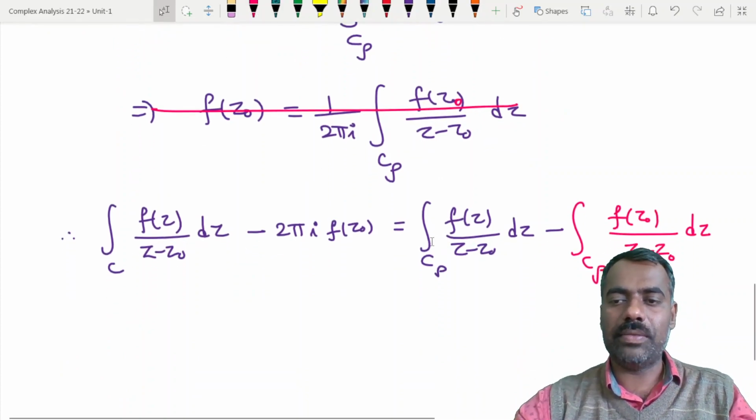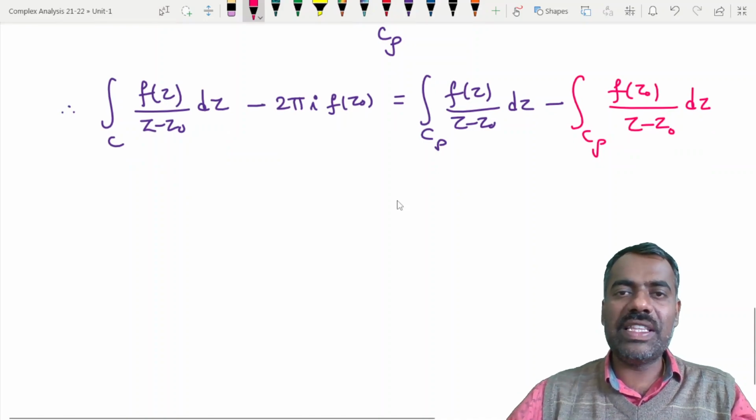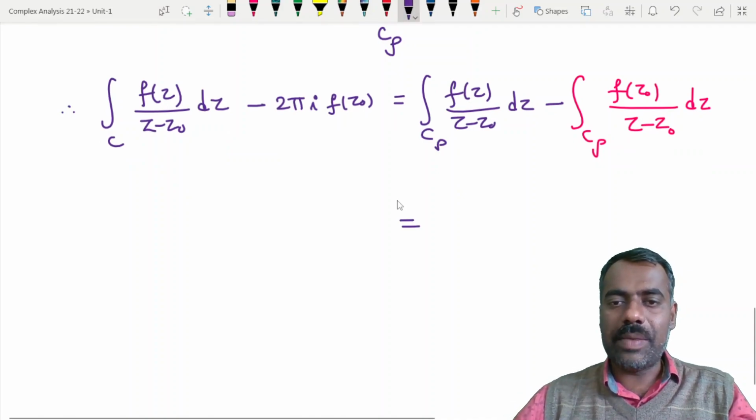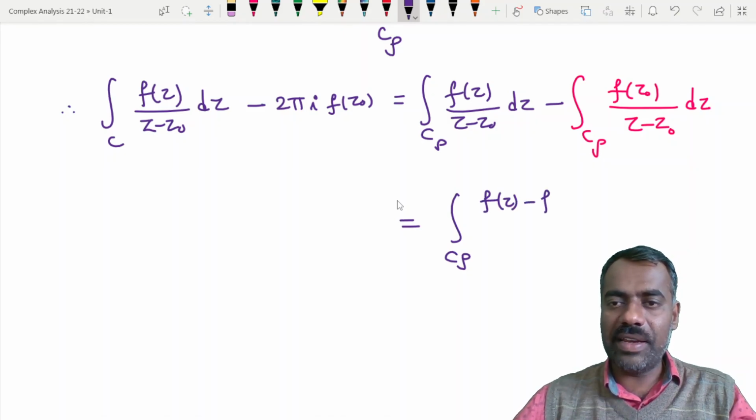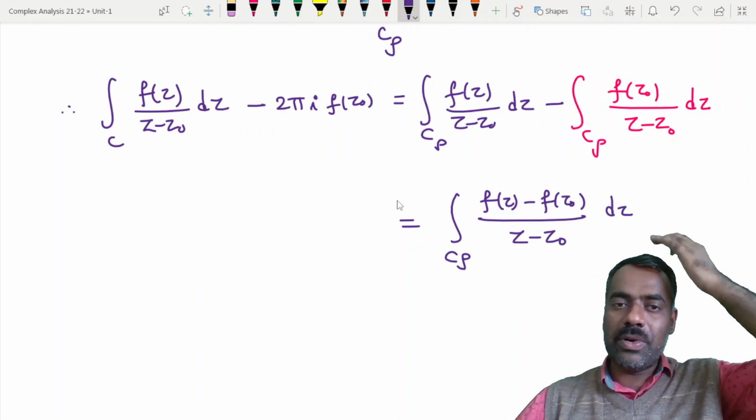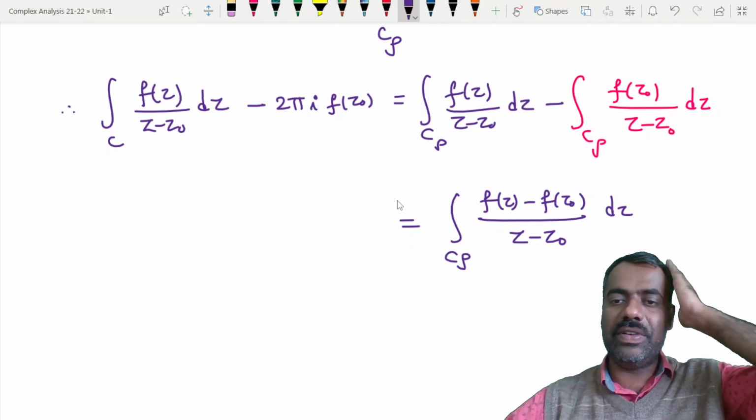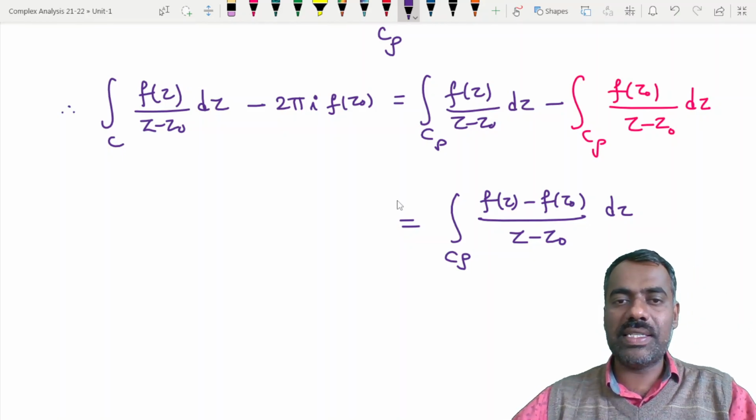Now if we simplify this, we get the integration of the function f of z minus f of z naught upon z minus z naught dz.